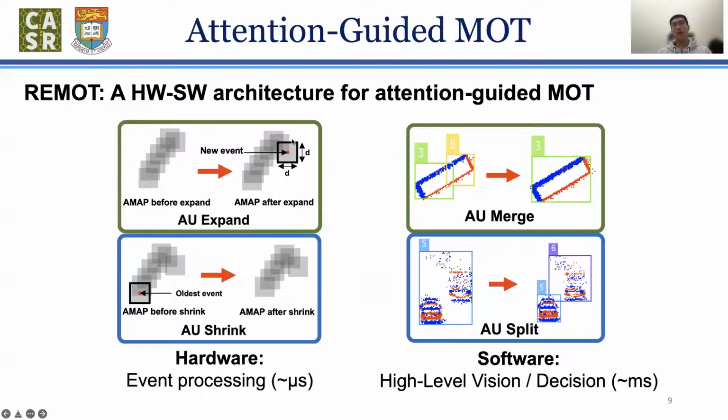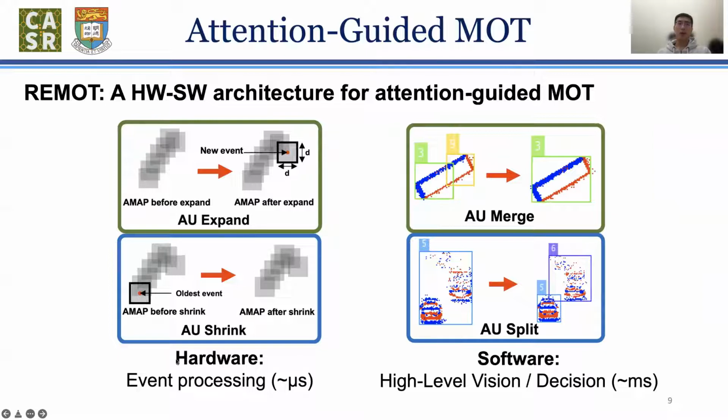So now we have some basic idea of what an attention unit is. You may also ask the question: how can we ensure that these attention units are checking properly? Well, that's also the reason why we decompose our framework into hardware and software.